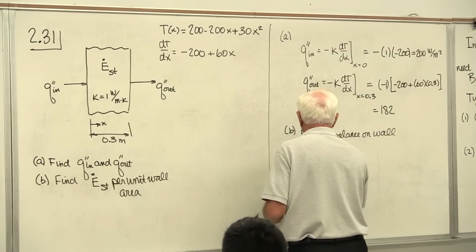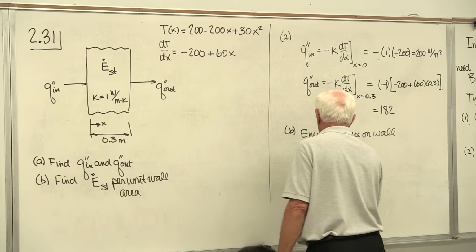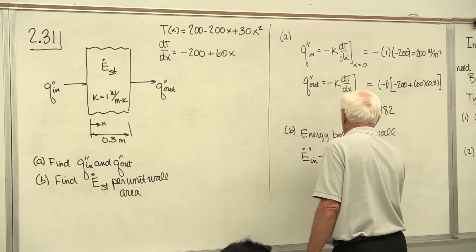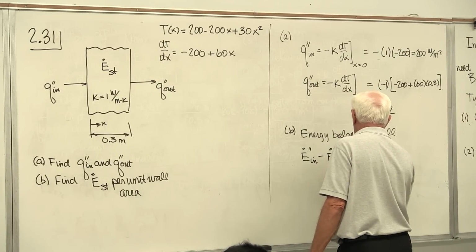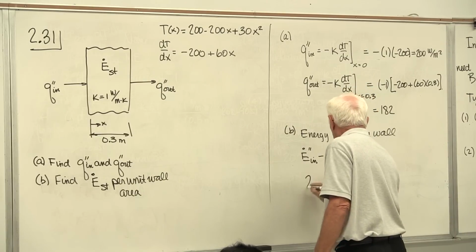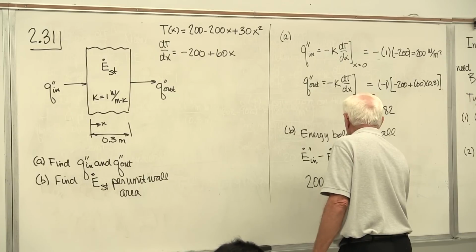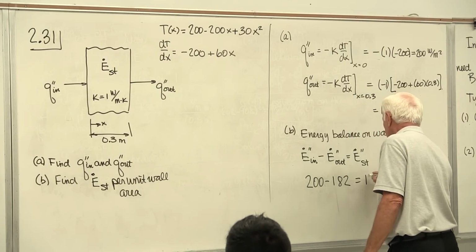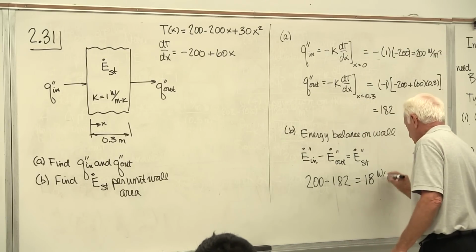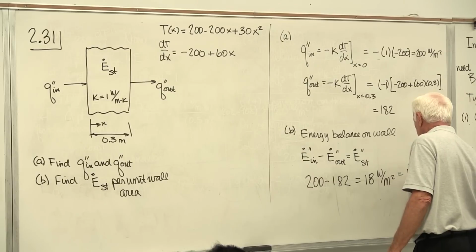So we have E dot in double prime minus E dot out double prime equals E dot storage double prime. 200 minus 182 equals 18 watts per square meter equals E dot double prime storage.